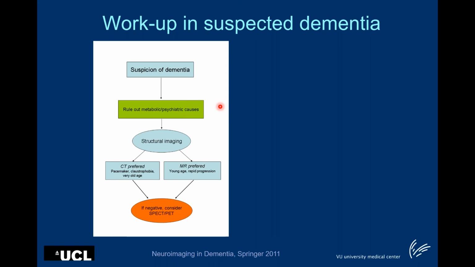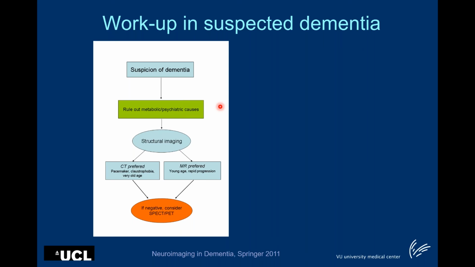It varies a bit from country to country, but most European countries have this recommendation. And the goal is actually a bit simplistic, is to rule out hydrocephalus or a tumor or a hemorrhage. But in fact, we can already show a lot of the features of certain dementing disorders, for example, Alzheimer's dementia.